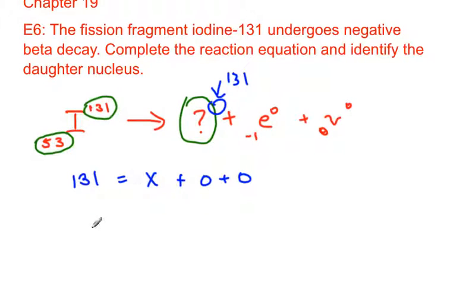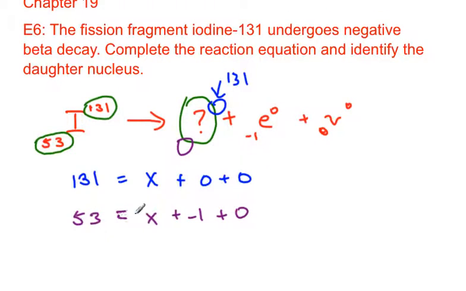Let's change color here. Let's go to purple. So 53 on the left is equal to, all right, we've got x. We don't know what this is on this daughter nucleus. We know that we have a -1 here, and on this antineutrino it's 0. So this guy really doesn't count for anything.